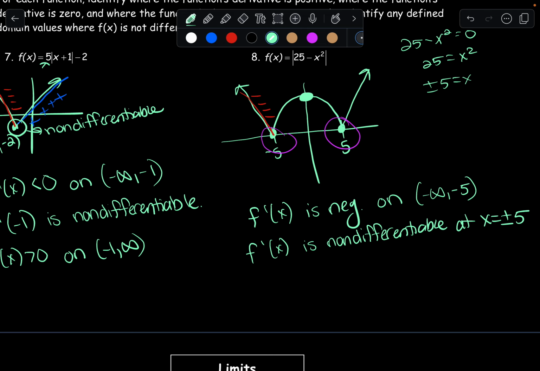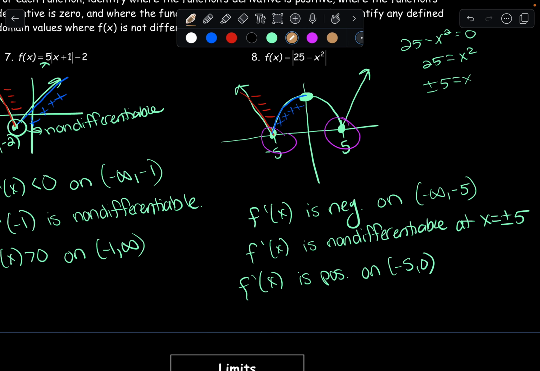Or you can say f prime of negative 5 and f prime of 5 are non-differentiable. Either one will work, okay? After negative 5, we are increasing. Therefore, the slope is positive. So we have f prime of x is positive on negative 5 to 0.